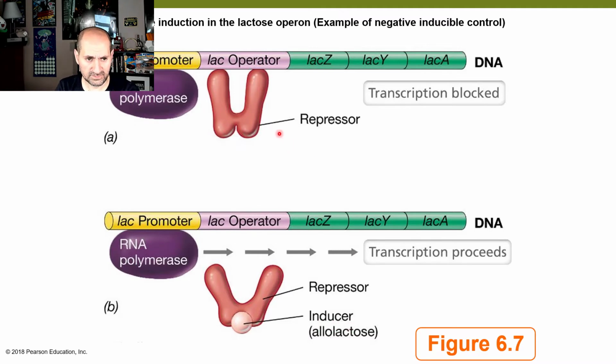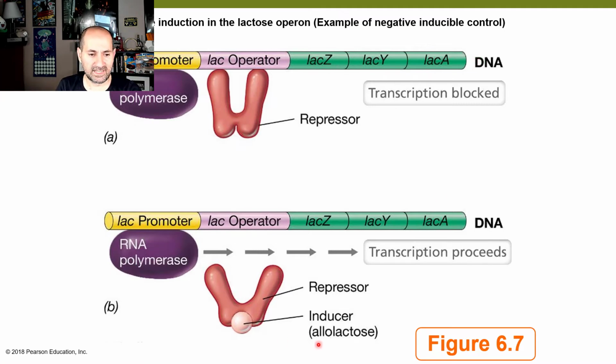So how does this system work? Let me go over this with you. Normally, there's a repressor protein, because this is negative control. There's a repressor protein bound to the operator, repressing gene expression of beta-galactosidase, lacZ, and the other lac operon genes.